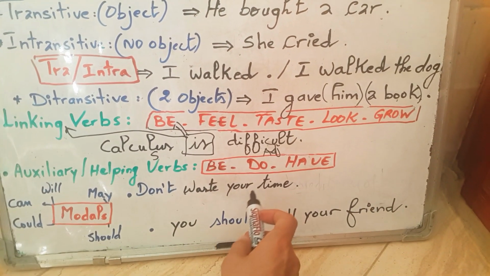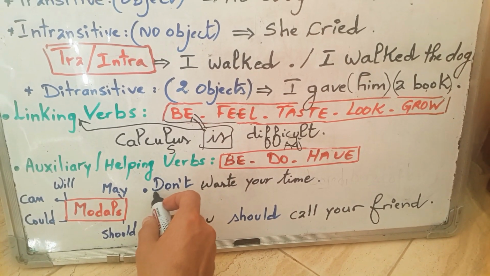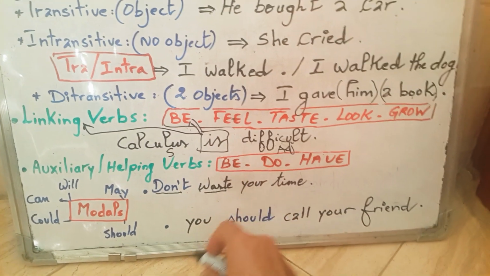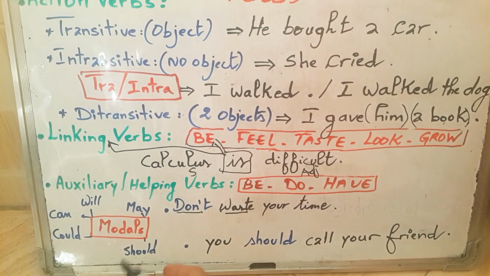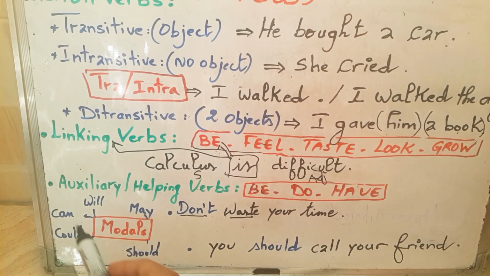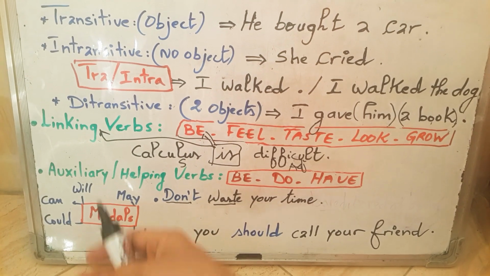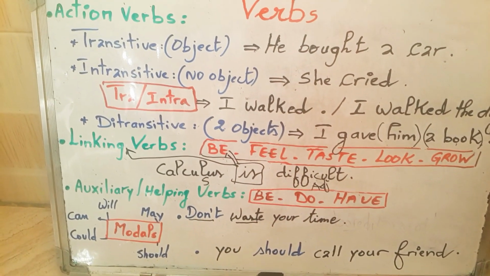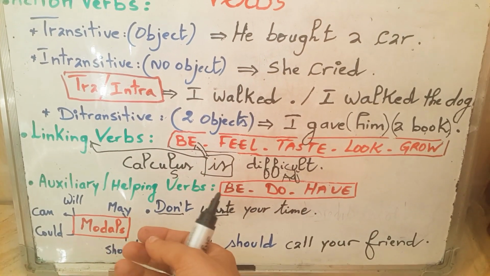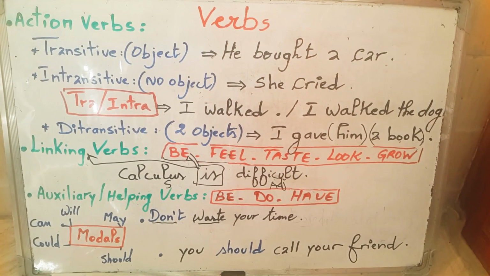Don't waste your time. So the auxiliary verb is don't, which is put in the negation form, and the main verb is waste. Modals also function as auxiliary verbs like can, will, may, should, could, must, ought to, etc. These are used to indicate certain functions like possibility, ability, or obligation.